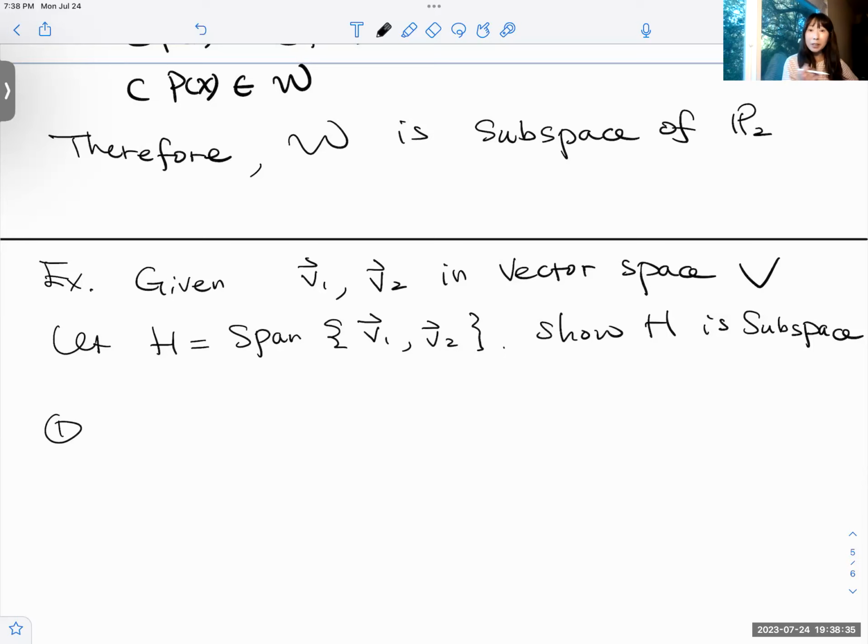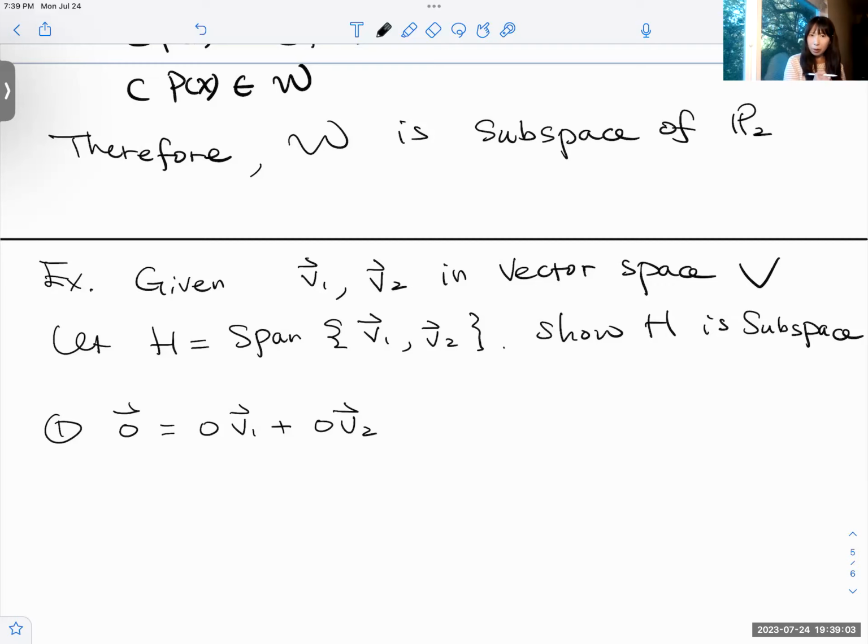We can express it as a linear combination, right? So we can express 0, which is in the span: 0 times vector V1 plus 0 times vector V2, because it's a span, right?